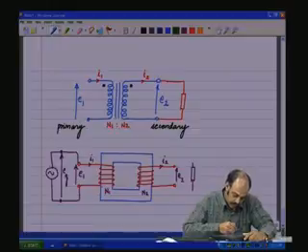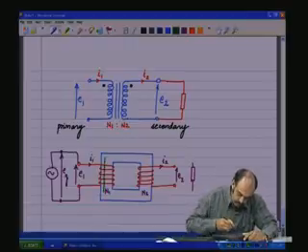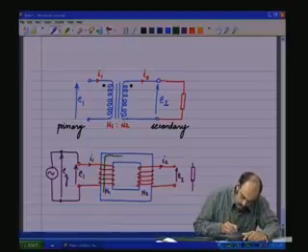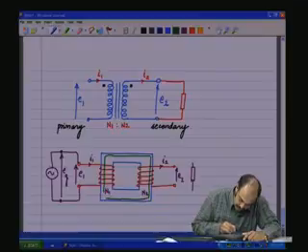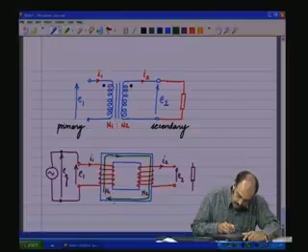So, the current flowing through N1 generates a flux due to the ampere turns Ni. And let us say this is N1 I1.